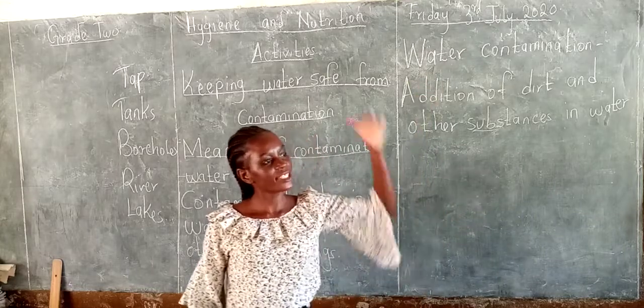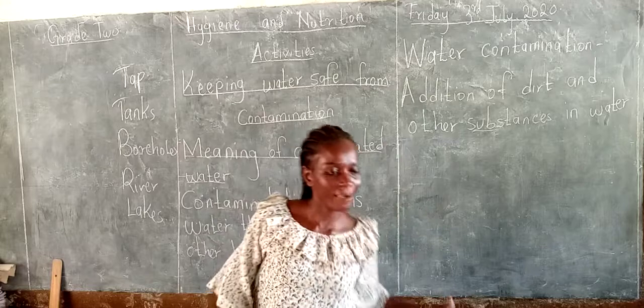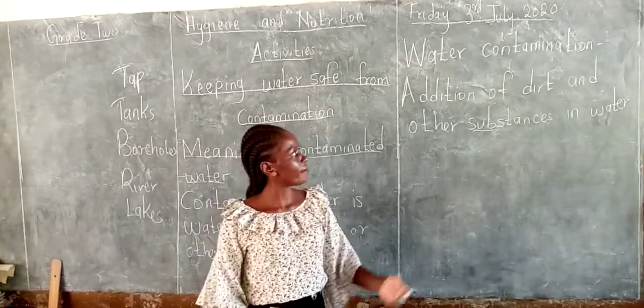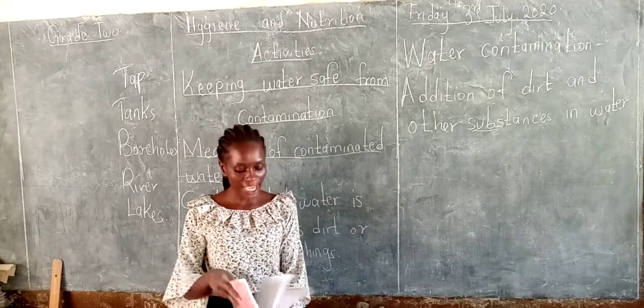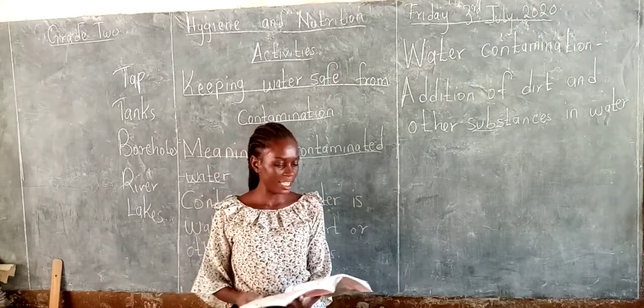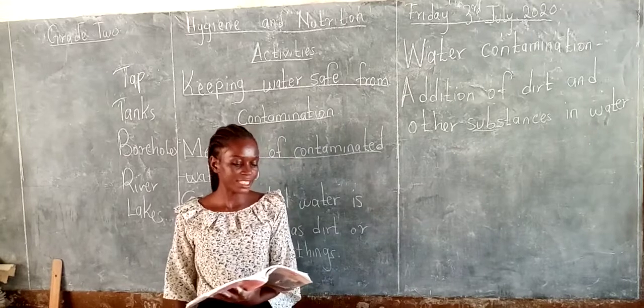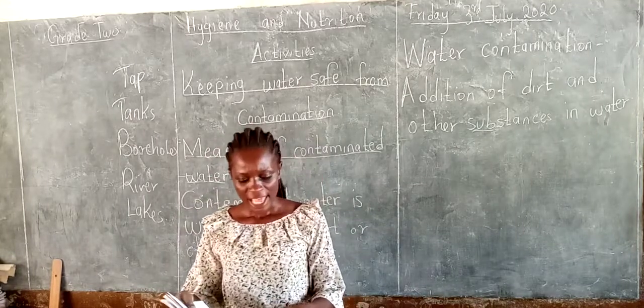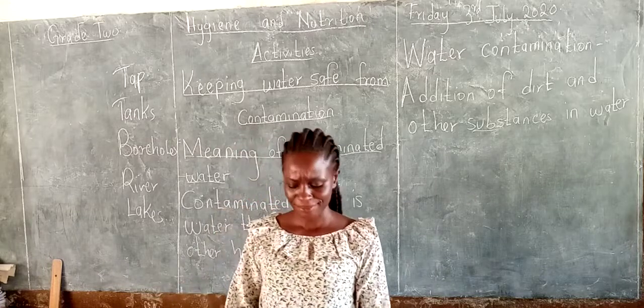So when it rains, the rainwater washes the chemicals into the river. And that is contaminating the water in the river. So that water is dirty. And when water is dirty, we say the water has been contaminated.